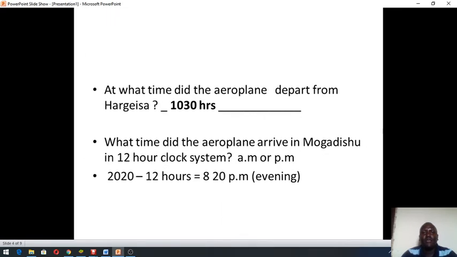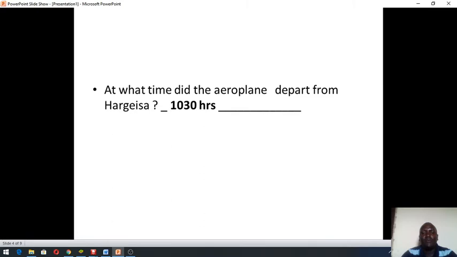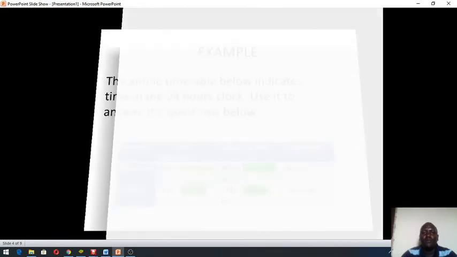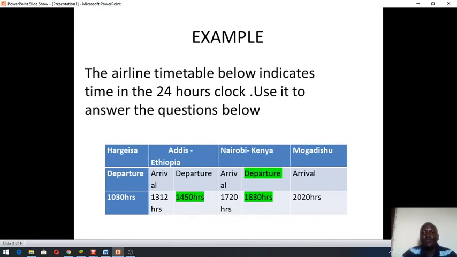We see Nairobi, Mogadishu. Nairobi to Mogadishu. So we check the time the aeroplane arrived in Nairobi and the time the airplane left Nairobi to Mogadishu. So we look how long it took.